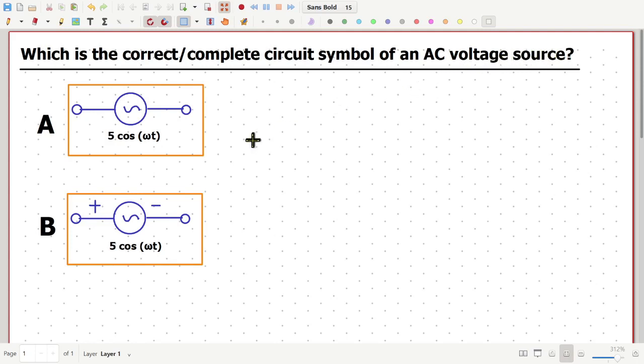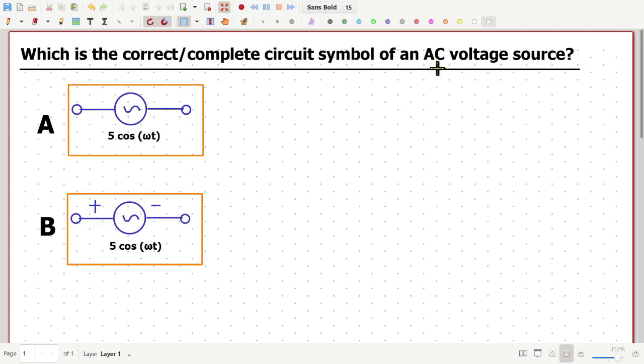I guess many of you believe that representation A is correct and representation B is wrong. And you think so probably because you believe that these plus minus signs are required only for DC sources.